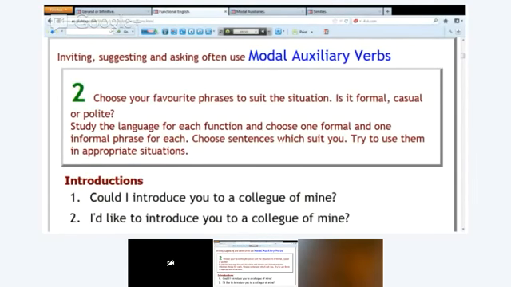A function is something you do. So, for example, the function of a washing machine is to wash your clothes. That's a function. So functional English means we concentrate on what that English is doing. Requesting or suggesting or this kind of thing.